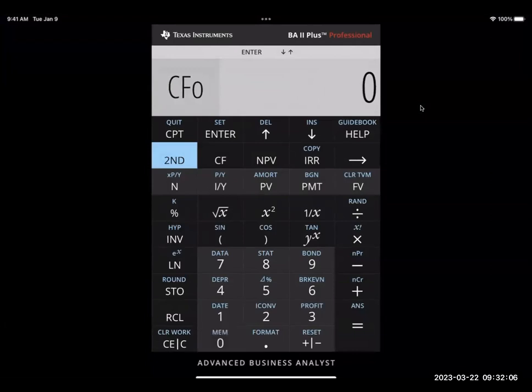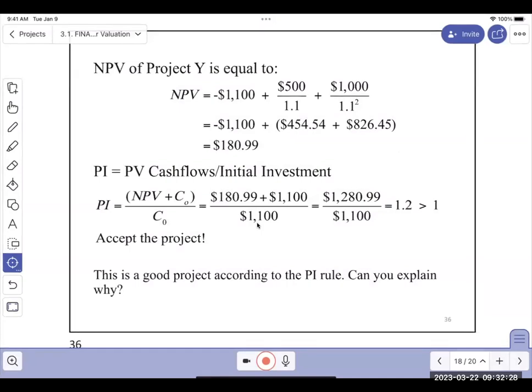Let's put a 0 in there, and then leave 500 and 1000. If we do that with the same 10% and compute NPV, now we get 1280.99, which gives us this, right? So that's a way to do it.